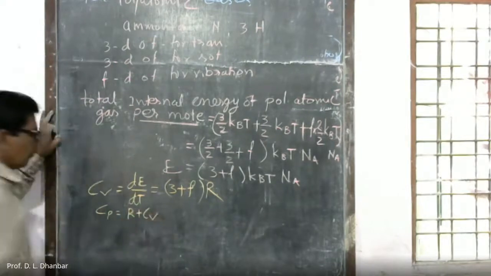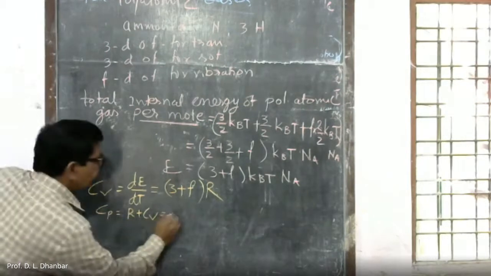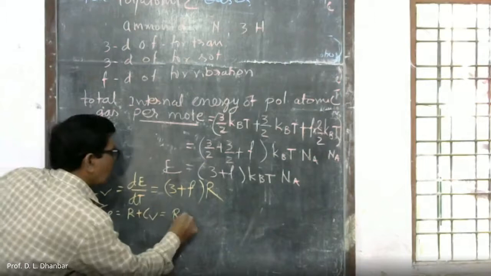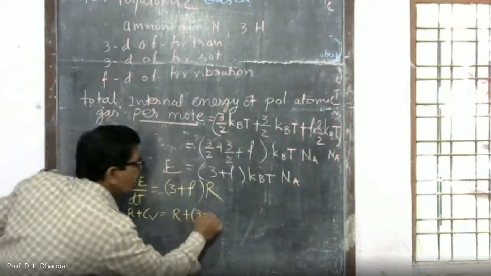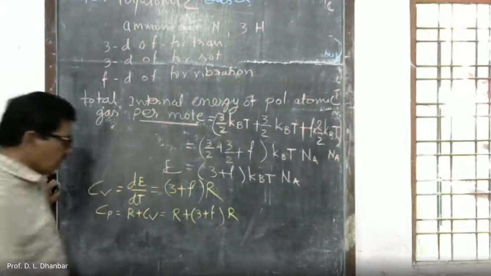According to our formula, Cp minus Cv is equal to R. So if you substitute Cv here, R is common.